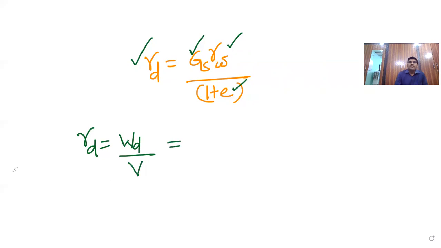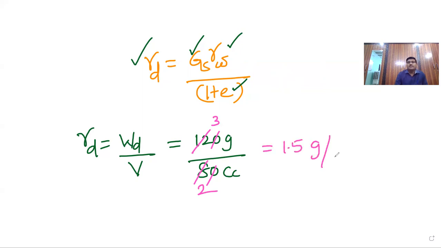What is the dry weight given? 120 grams. And what is the volume? 80 ml. 1 ml is 1 cc. I am converting to gram per cc. So this is 120 by 80. If we simplify this, it becomes 1.5 grams per cc.